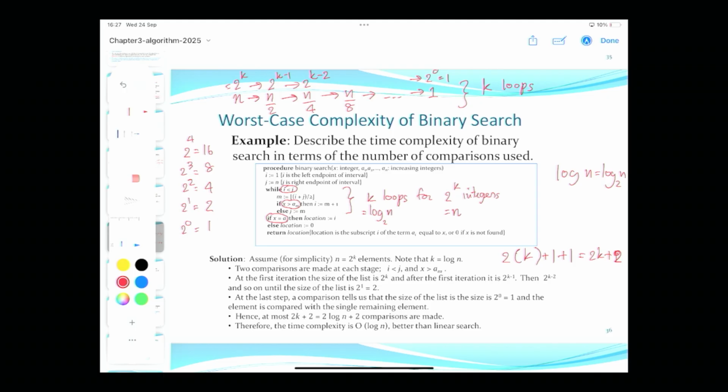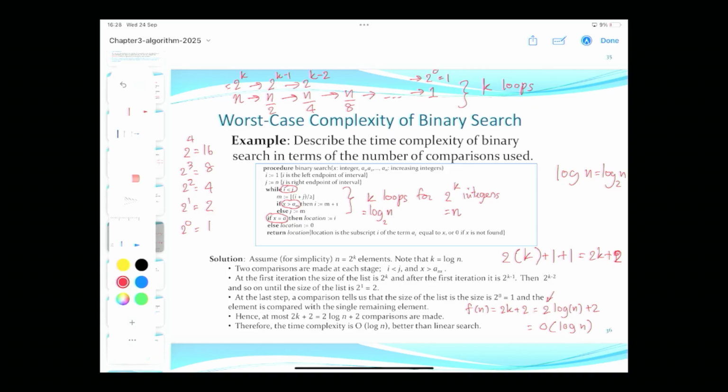So here f(n) is equal to 2k plus 2, or it's 2 times log n, plus 2. That's a function of n, f(n). So g(n) would be O of log n, since this is a constant here.